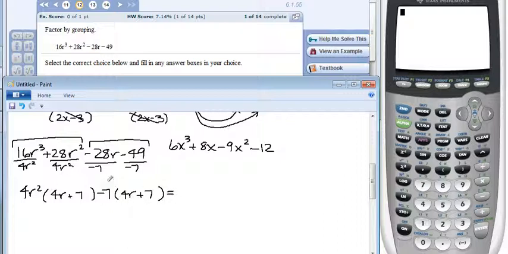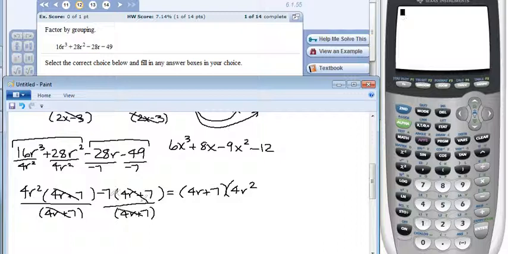Now these two terms have the 4r plus 7 in common. So now I'm going to divide through by 4r plus 7 on both sides. So these are canceling, so all that's left is the 4r squared. And these are canceling, so we've got the -7.